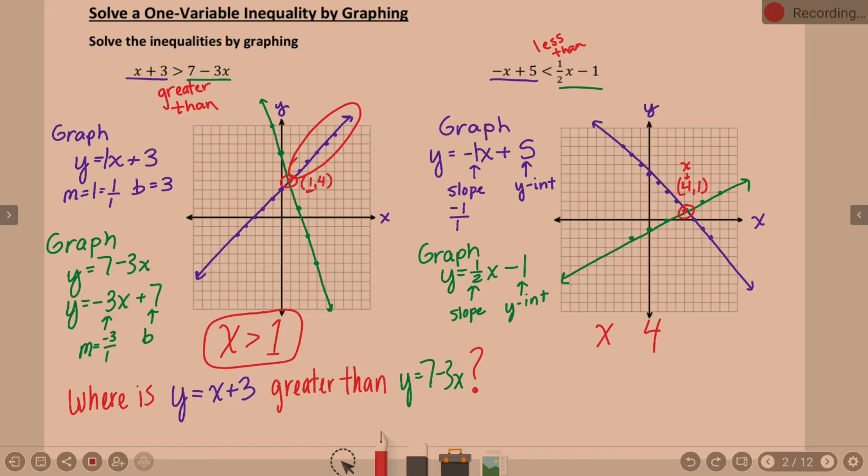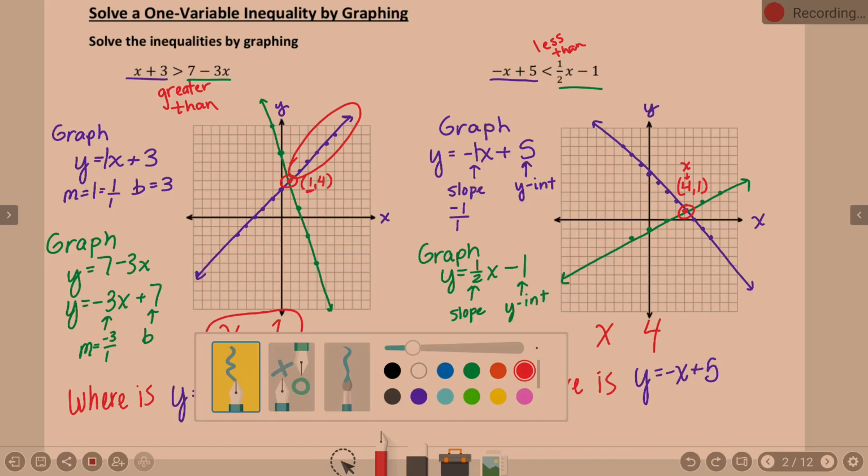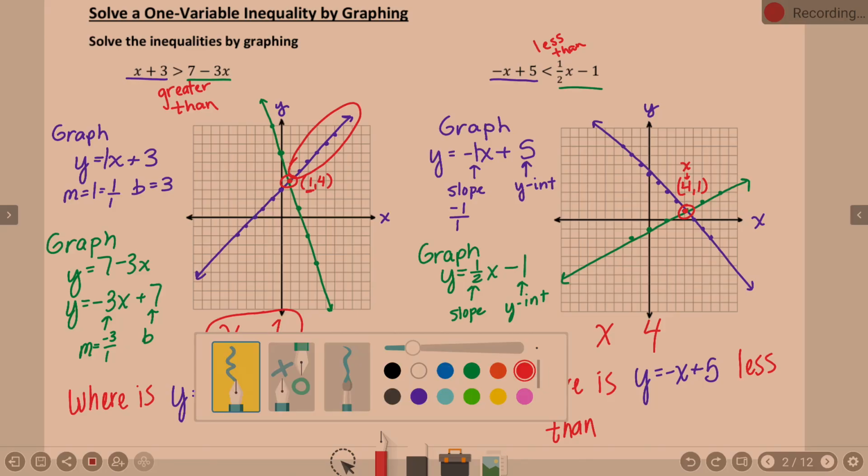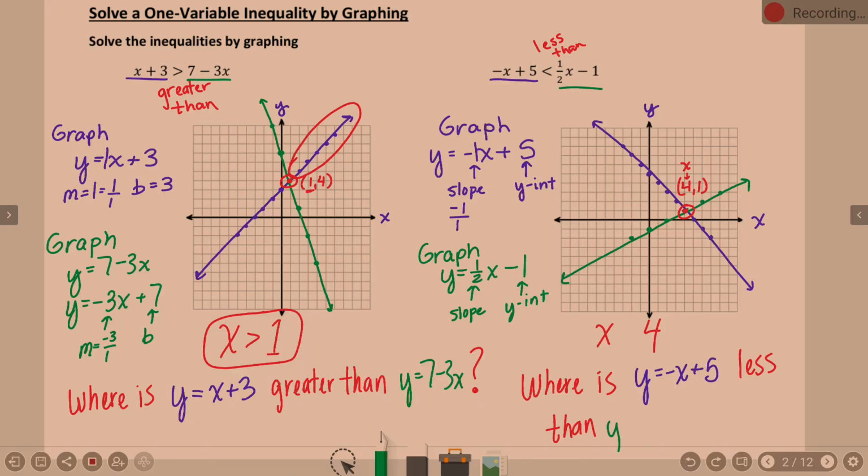Okay. Now, think carefully. This time we're asking ourselves, where is, for me it's my purple line, so y equals negative x plus 5. And where is that less than the green line, which is y equals 1/2 x minus 1.